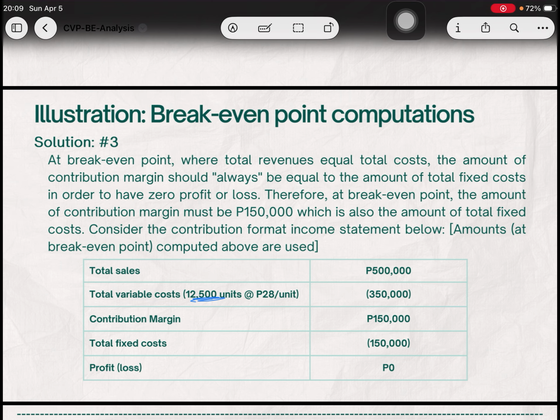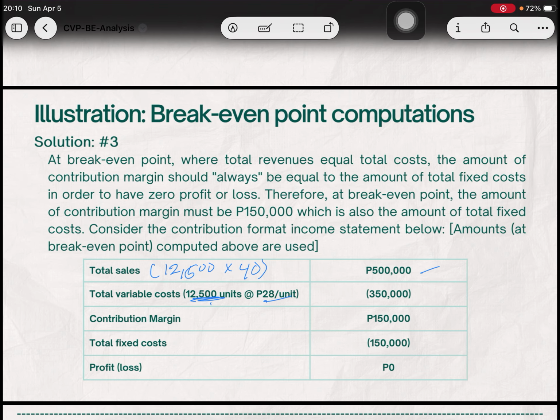12,500 yung ating break-even points in units. So, magkano yung total sales natin? 500,000. Paano nakuha yung 500,000? That is 12,500 times 40 na selling price. Okay, so this is the break-even point in peso sales, 500,000. And 12,500 yung ating break-even points in units times 28.